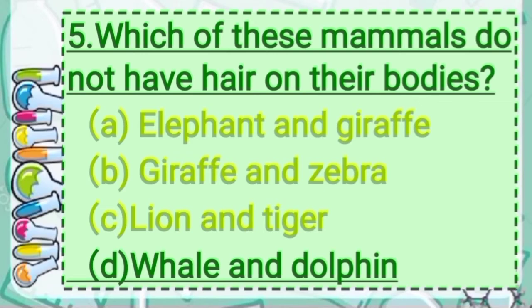So answer is option D. Whale and dolphin are mammals which do not have hair on their bodies.